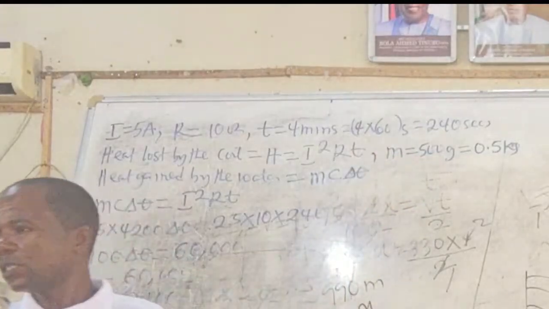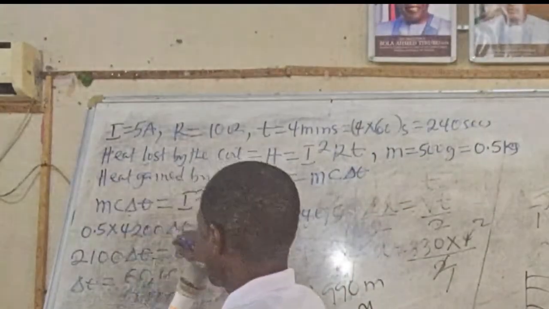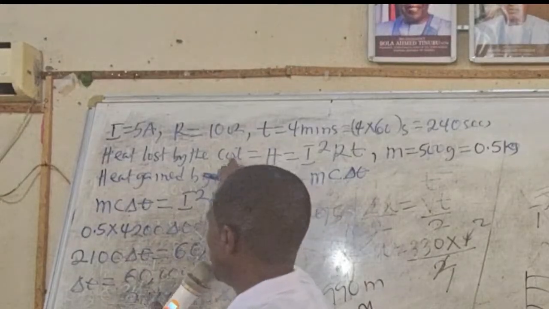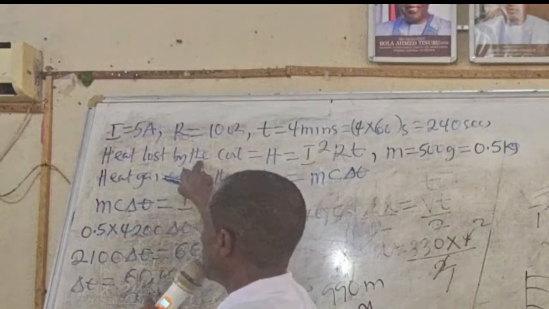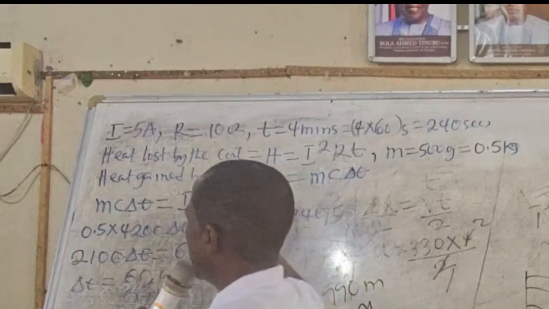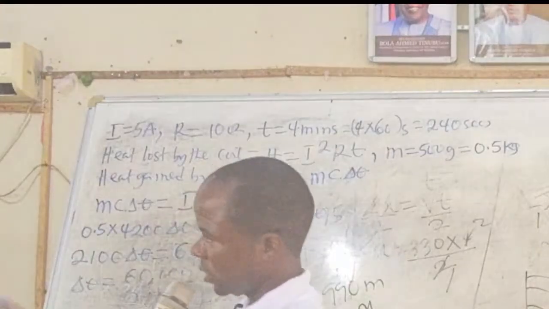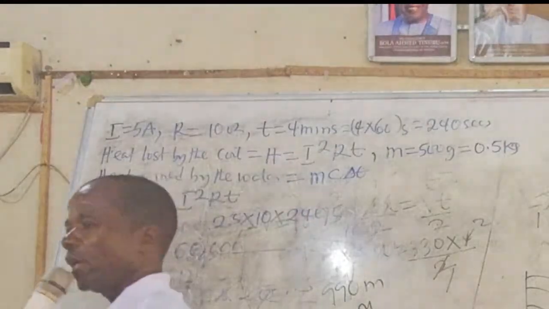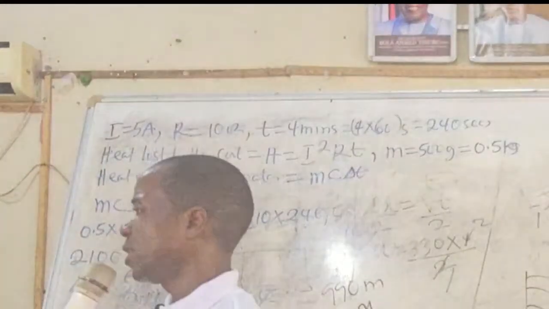And since heat gain must be equal to heat loss, the heat gained by the water, MC delta theta, is equal to the heat lost by the coil, which is I squared RT. We equated them, found the value of delta theta, and easily, without stress, we're able to get our answer. The next slide, please.